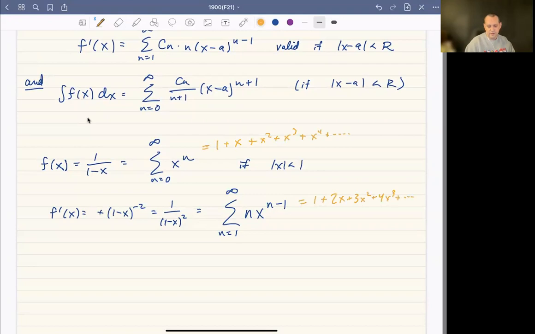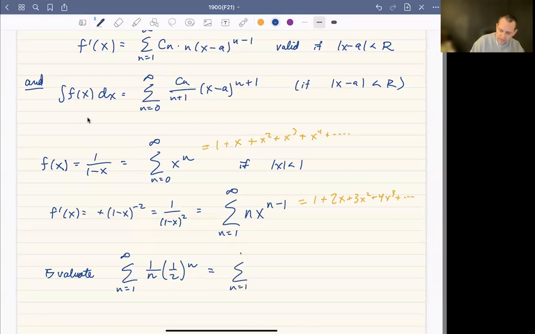So that's the derivative. Now, the reason why I say that that is useful is the following. So let's say I want to evaluate the sum of 1 over n times 2 to the n.